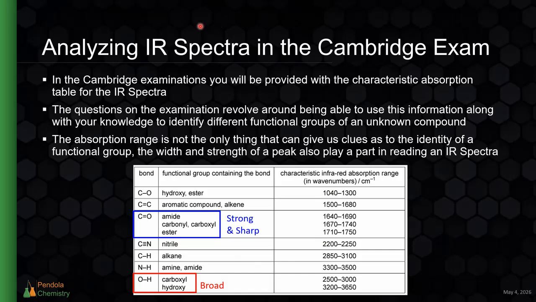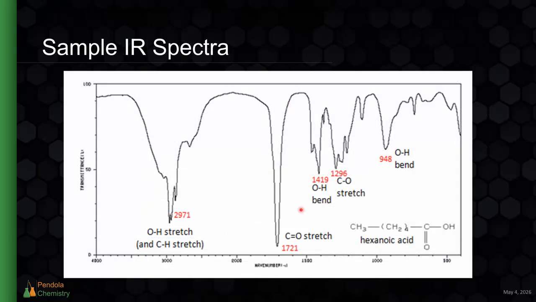When we look at IR spectra in the Cambridge exam, we're not just looking at where things are, although that gives us a good narrowing down because we see the patterns and the ranges right here. But we're also looking at their shapes. For example, the carbonyl peak that we talked about is usually very strong and very sharp, meaning it's very deep and very narrow, as we saw right here.